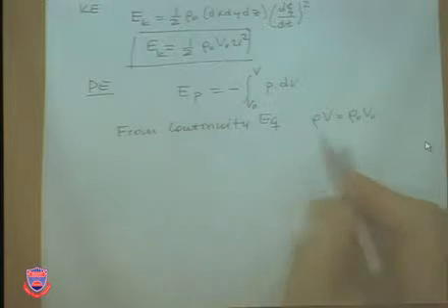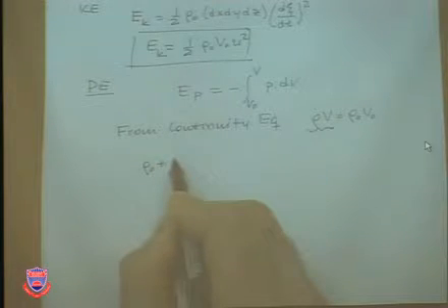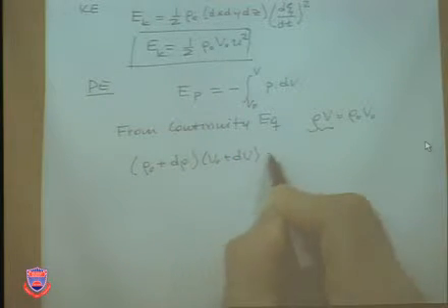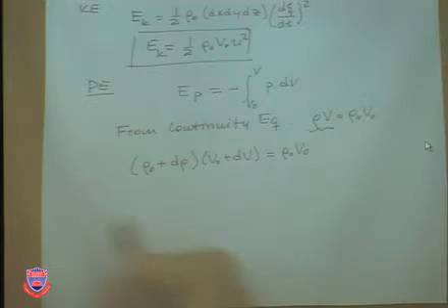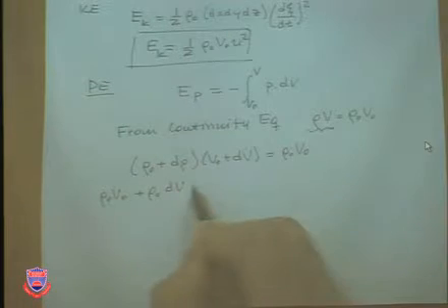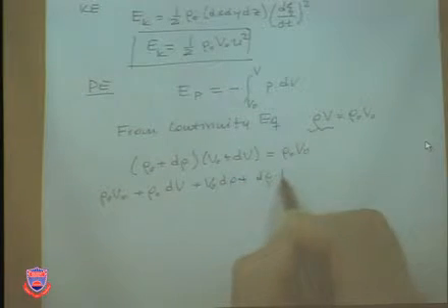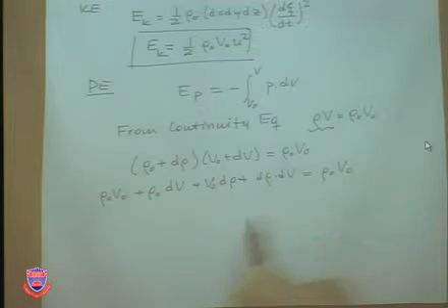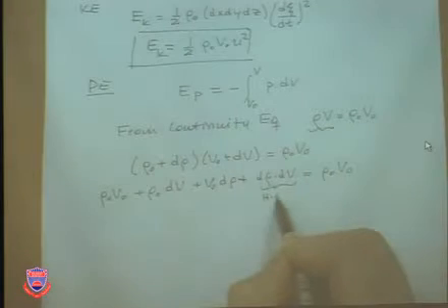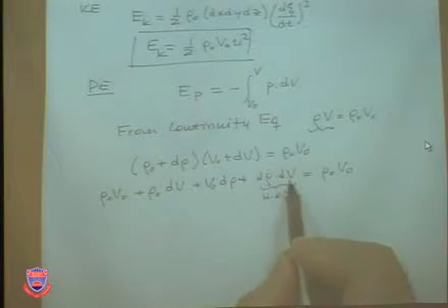Now, if we substitute for density at any time with the changes, and expanding it, this is a very, very small number, a higher order term, because two perturbations multiplied is negligible compared to the other ones.